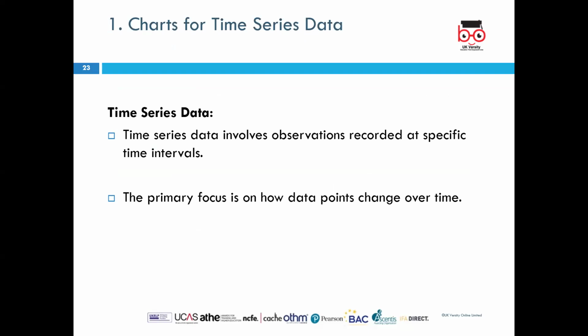Charts for time series data. When it comes to time series data, this involves observation records at a specific time interval. So the primary focus is on how data points change over time.